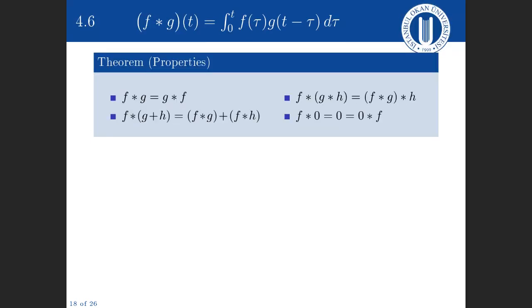Let me quickly run through some properties of convolution. F convoluted with g is always the same as g convoluted with f. F convoluted with g plus h is always the same as f convoluted with g plus f convoluted with h.